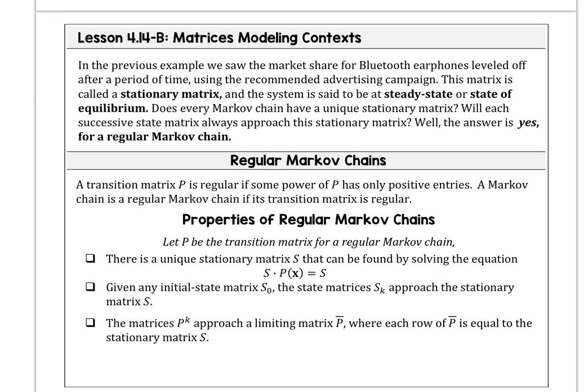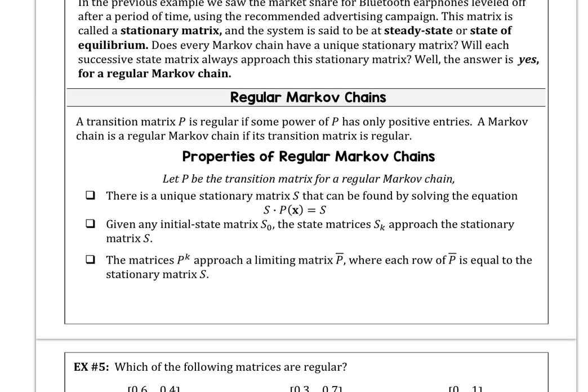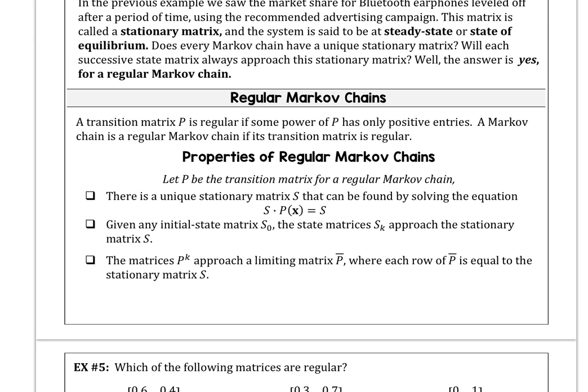So you're asking, what is a regular Markov chain? A transition matrix P is regular if some power of P has only positive entries. A Markov chain is a regular Markov chain if its transition matrix is regular.